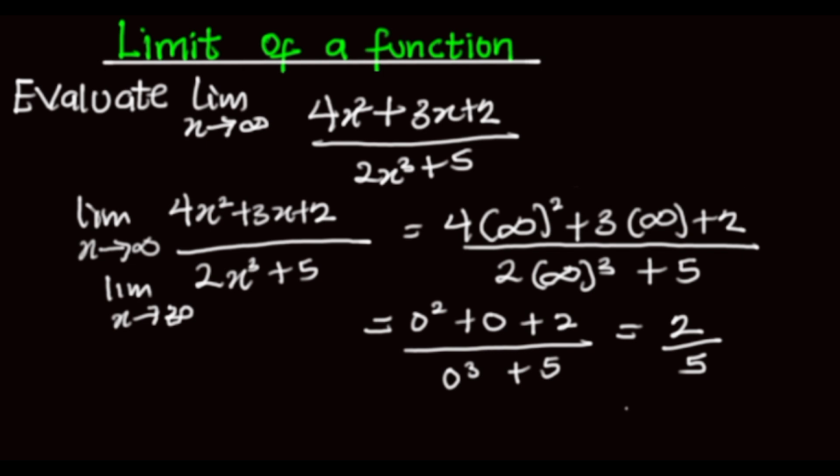Whenever we have infinity, it is not defined, and in that case we are going to replace it with 0, because whenever we are finding the limit of a function, we basically want to find a definite, defined value for the function. So this particular function is defined at a point where the function is equal to 2 divided by 5. Now let's go ahead and solve another question.